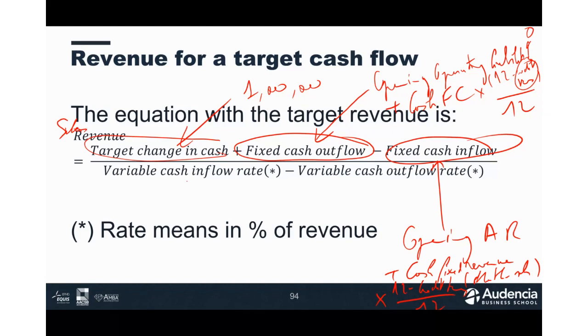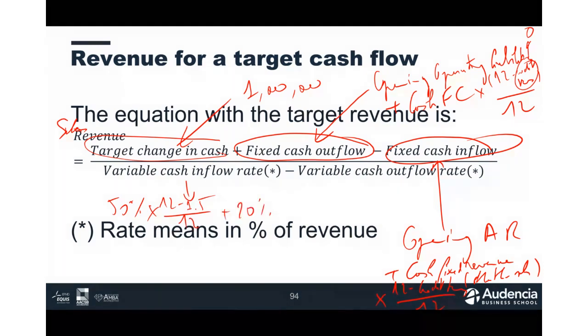And this part is what is in percentage of the selling price. So we have the components: 50% of the selling price, multiplied by the credit terms, 12 minus 1.5 divided by 12. We have the 20% for the other variable cost, but here it is multiplied by 12 minus 0 divided by 12. So here it is equal to 1, this part.